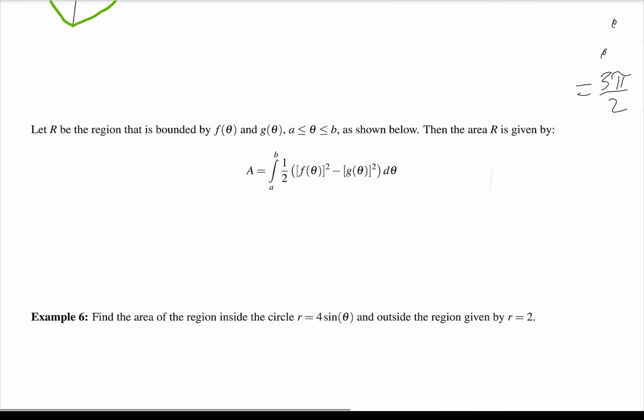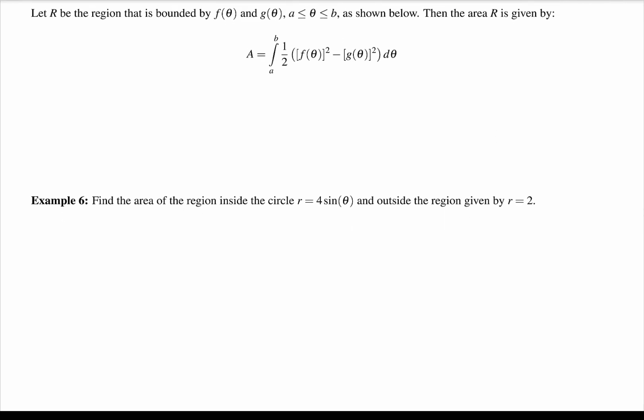Now suppose we want to find the area in between two polar regions. So suppose we have something that looks like this. Here's a ray that will be theta equals A, and here's another ray that will be theta equals B. Now let's put in an f of theta and g of theta equation.